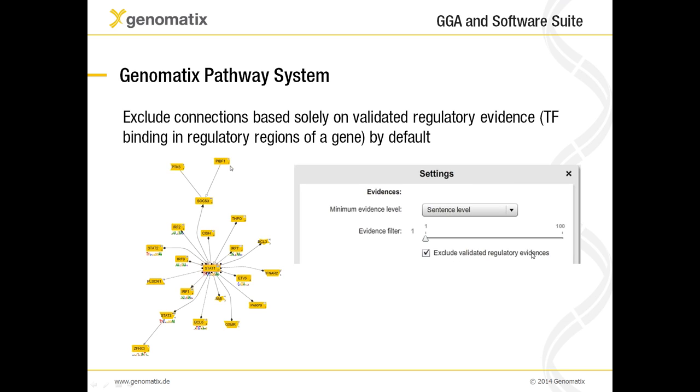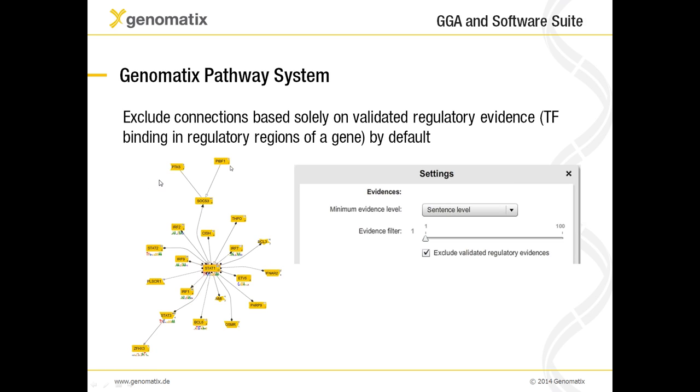So by default you have this option activated, exclude validated regulatory evidences, and you have an example here in this network where we have a shortest path network that has STAT1 at the center, and the program actually tries to generate a network starting from STAT1 and connecting all the other elements here in the network with as few hops as possible. So if possible, everything is connected directly to STAT1.